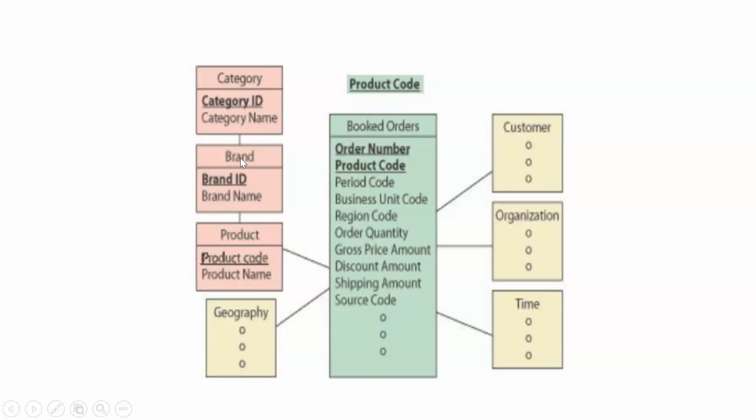Rather, the dimension is required for reporting purposes in some scenarios, but there is no direct relationship between this dimension and the fact table. So this kind of design is called snowflake schema. It's not a star schema. It's a bit complex, but in practical scenarios, we see this kind of thing much more than star schema.